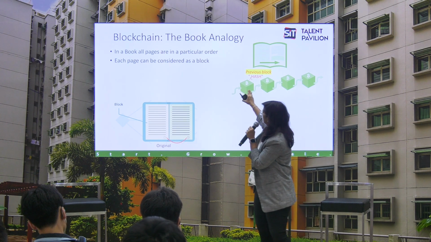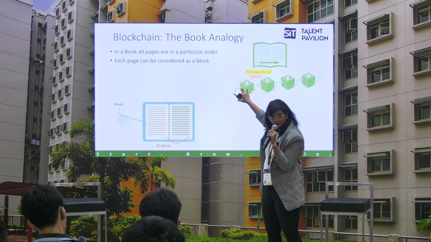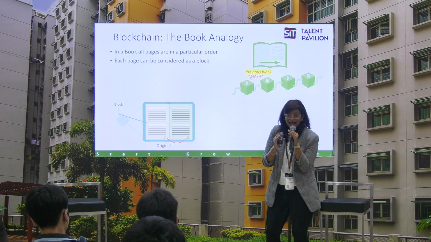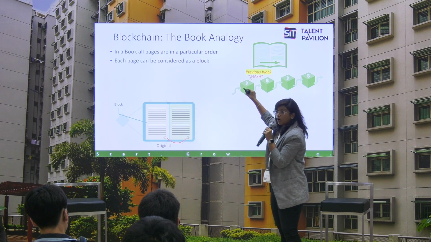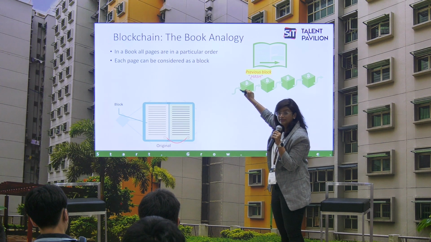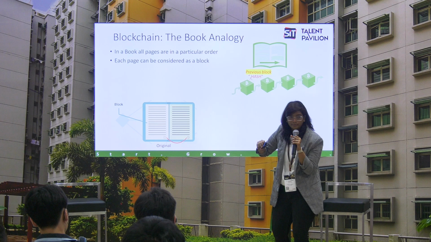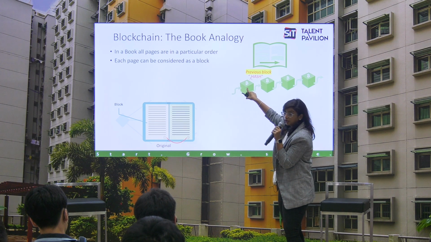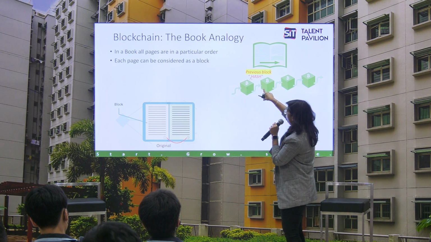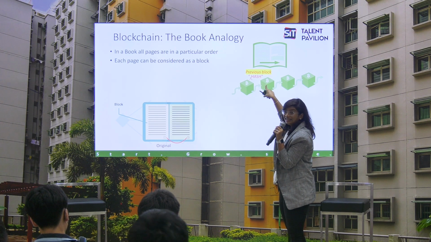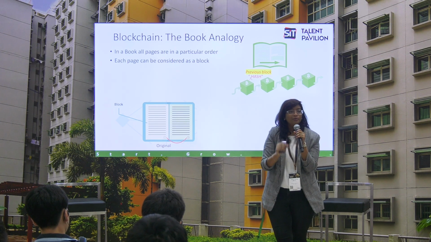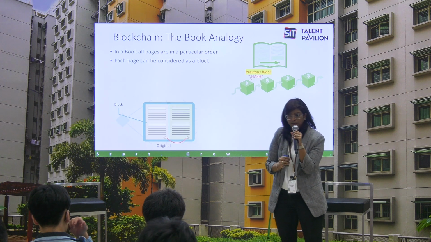For example, the hash of block 1 is unique. You can think of it as a signature. So if any small change happens on block 1, the signature of block 1 will change, and this signature will not match the previous hash stored in block 2. So we can easily figure out that someone has manipulated the data on the block.